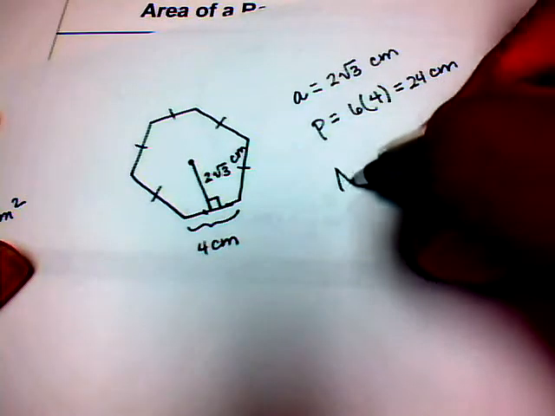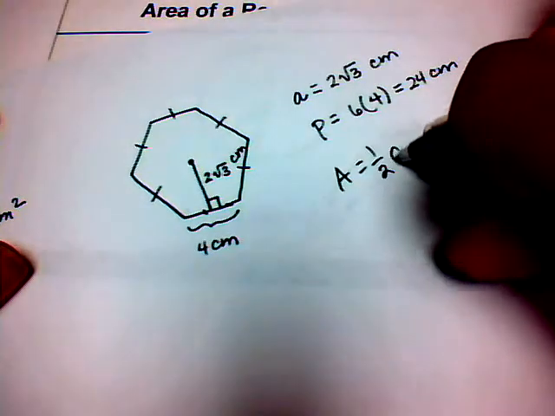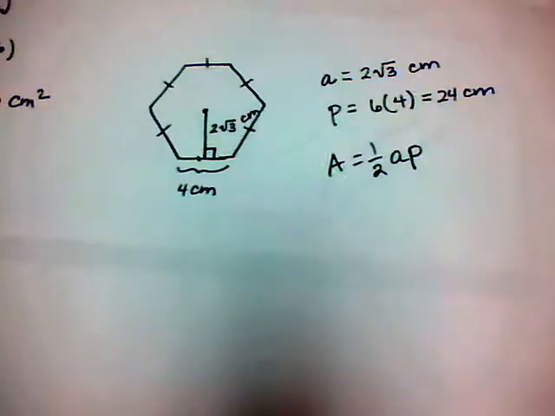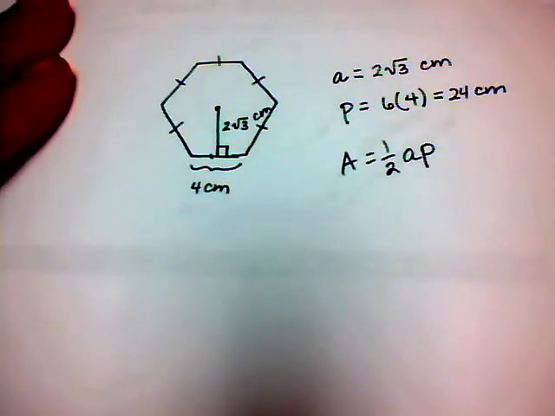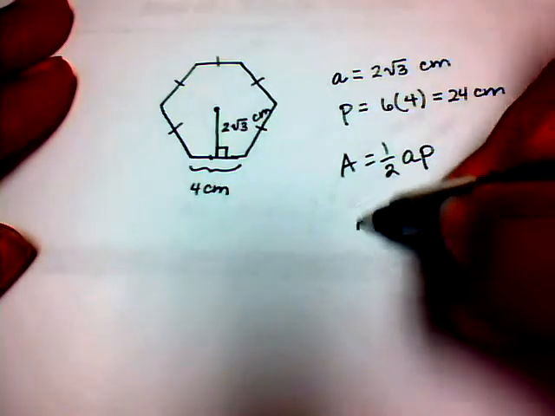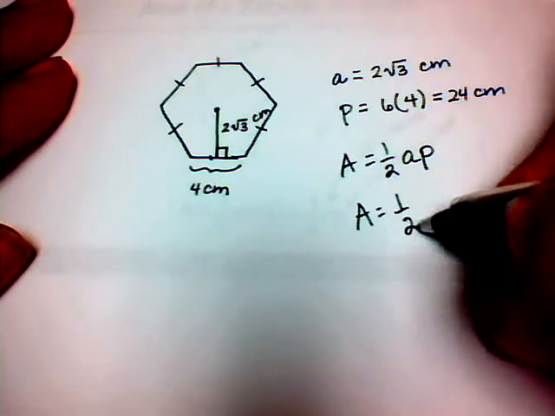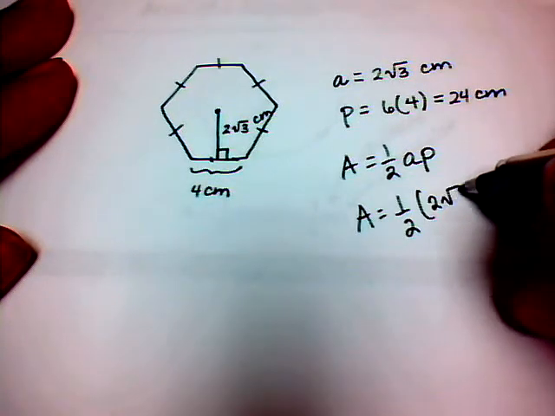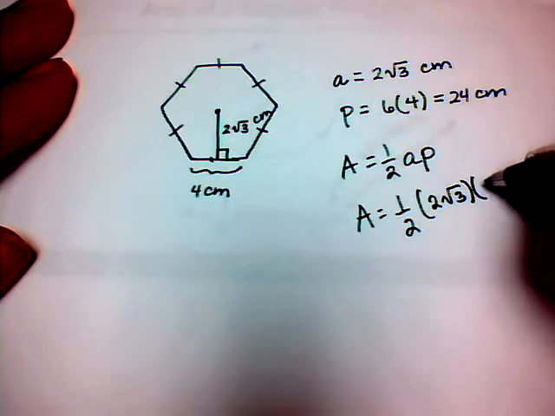So now the area is 1/2 A times P. Now if I simplify this, just replace the A and the P with those values. A is 2 square root of 3, and the P is 24.